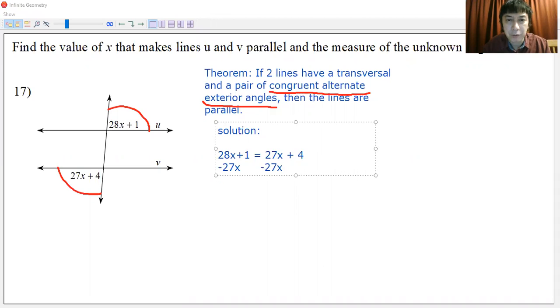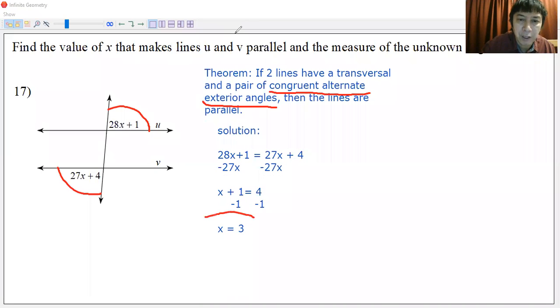We're going to get 28x minus 27x is just 1x, or simply x, plus the 1. And that equates to 4. Okay, afterwards, we subtract the 1 from both sides, and we get a 3. X is equal to 3. That's our x value. Our x value is 3.